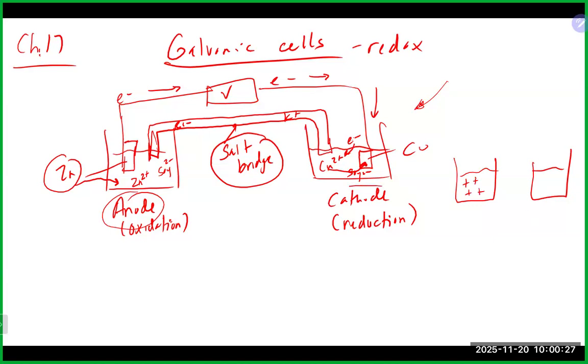As this reduction occurs over here, you're going to get a lot more of the positive ions jumping out of solution, and that's going to leave you a lot more negative ions on the right-hand side. Again, if you didn't have that salt bridge, obviously, if we're trying to move negative electrons, that's going to be a no-go with that greater negative charge there. In fact, the electrons are going to go, why am I leaving? I've got positive over here, and it's going to be more attractive to that side.